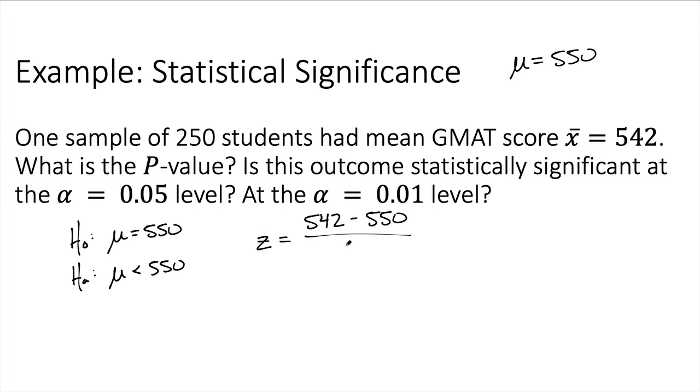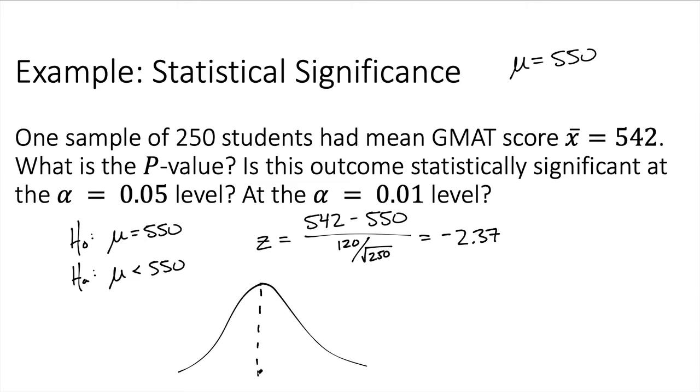If you remember, the standard deviation was 120 over the square root of the sample size, 250. This was a previous example that we had. And this came out to be about negative 2.37.